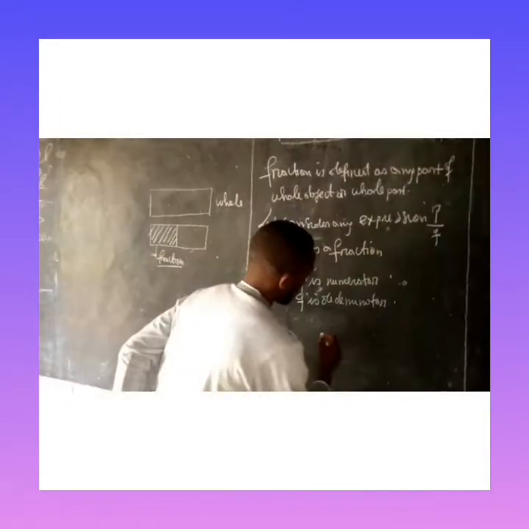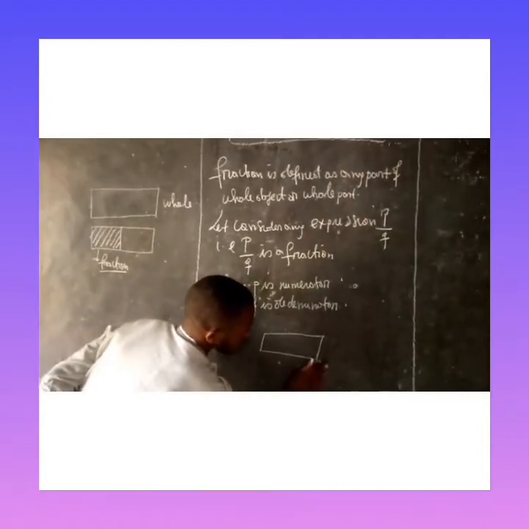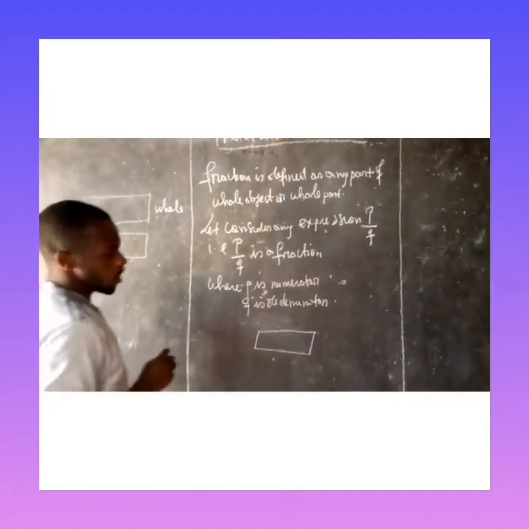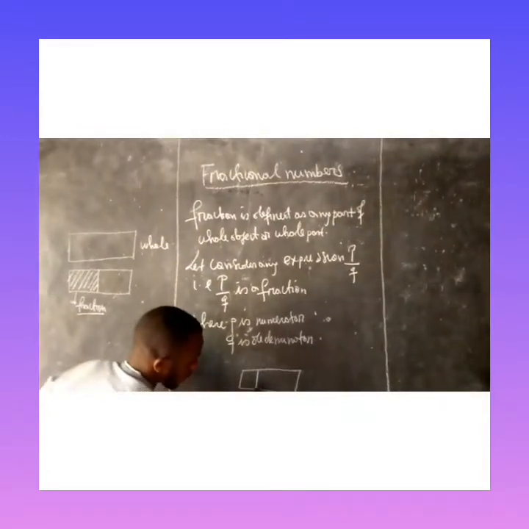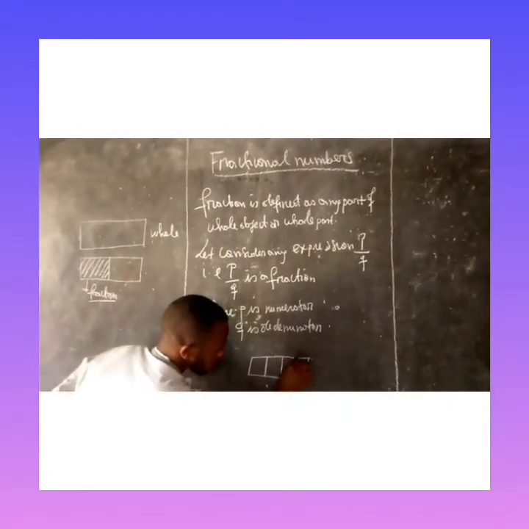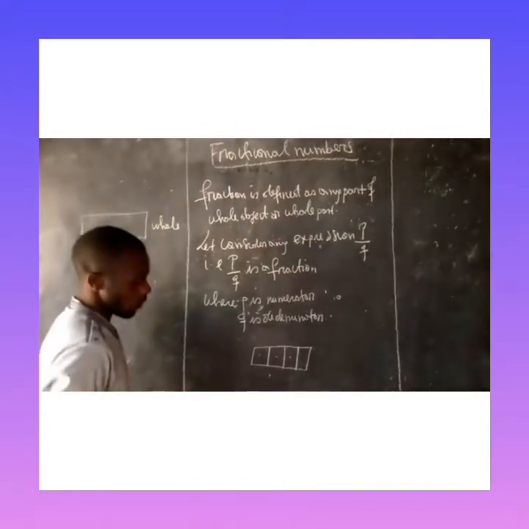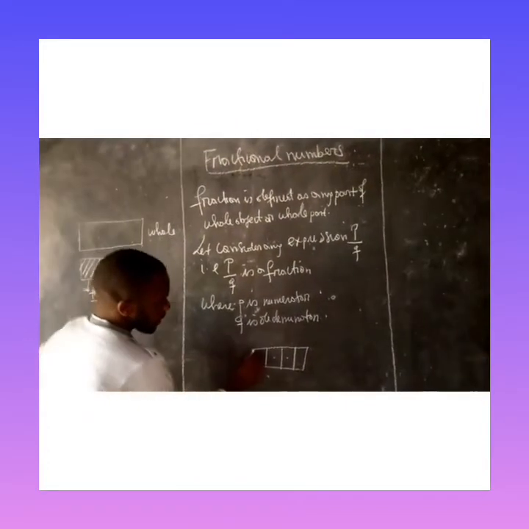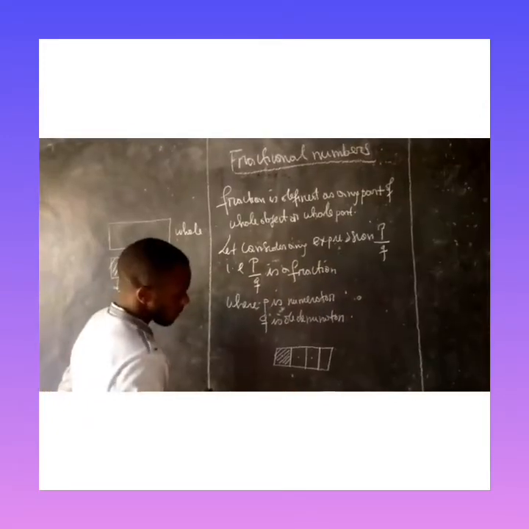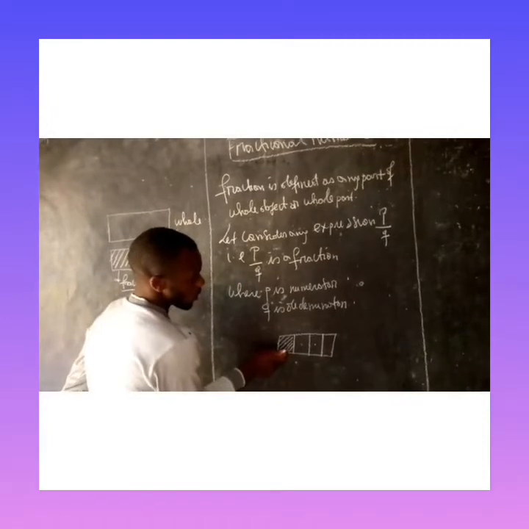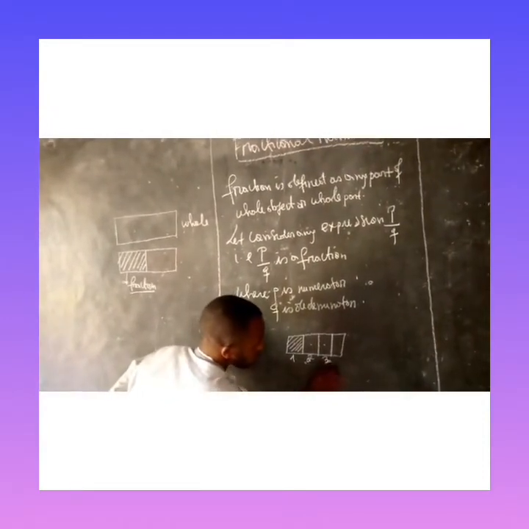So now here I have an example. This one is a sheet of paper. If you divide this sheet of paper into four parts: part 1, part 2, part 3, and part 4. If you select this one, this side is what you call the numerator, because it is 1, this is 2, this is 3, this is 4.